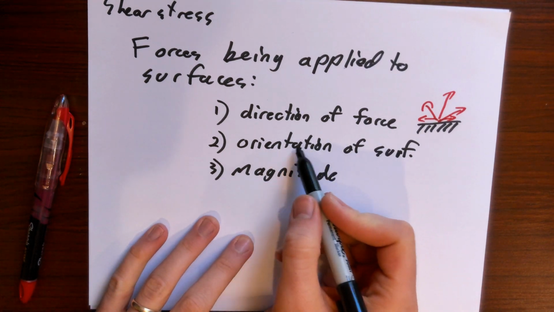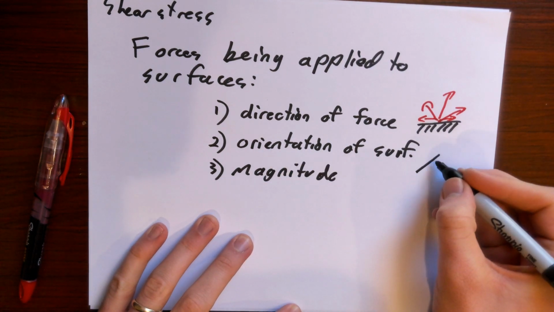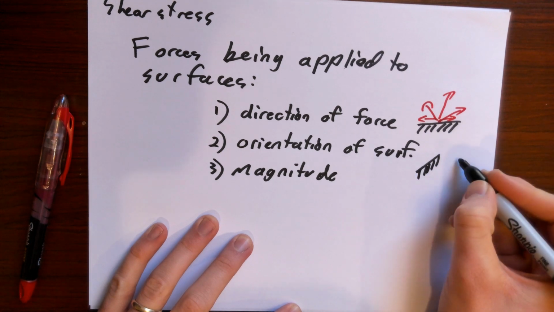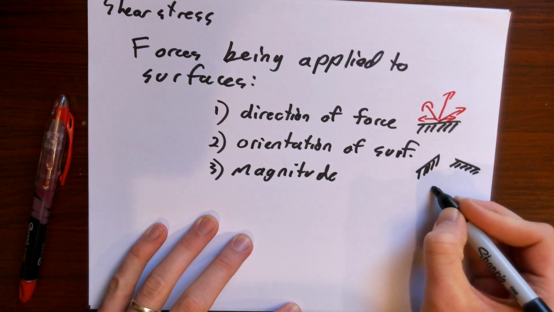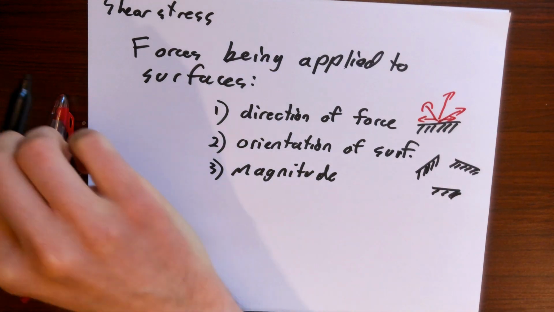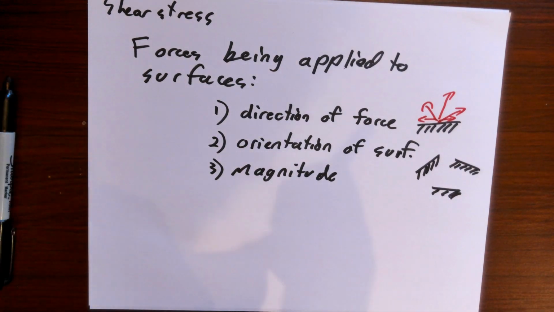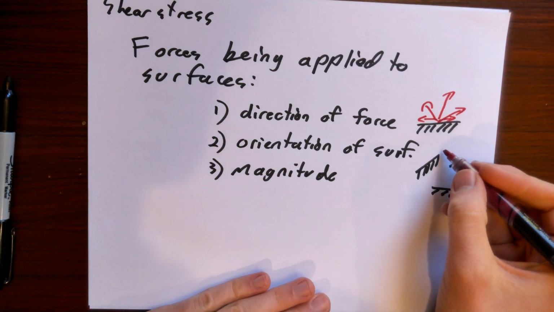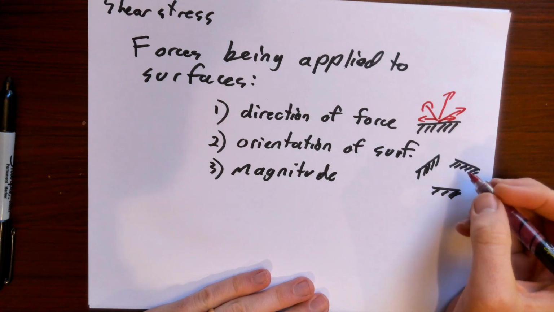Another thing that's important is the orientation of the surface, right? If I have some surface like this, or a surface like this, or a flat surface like this, the orientation that surface makes is important.